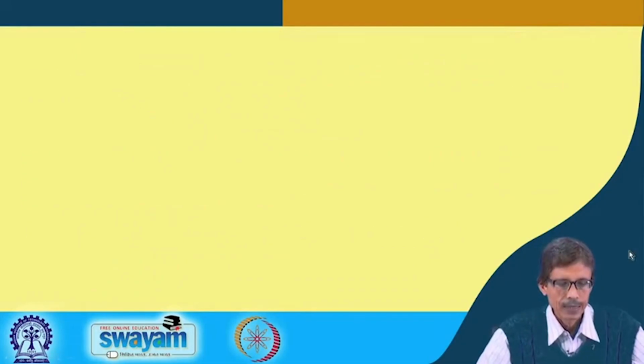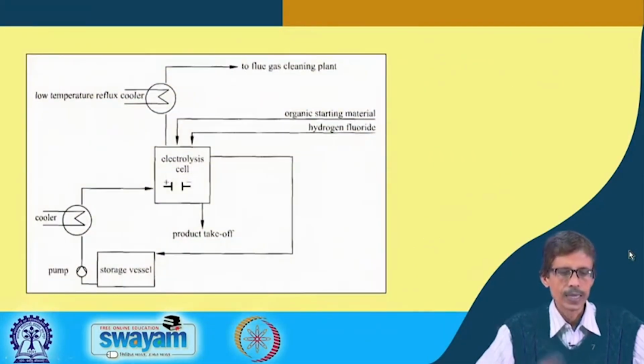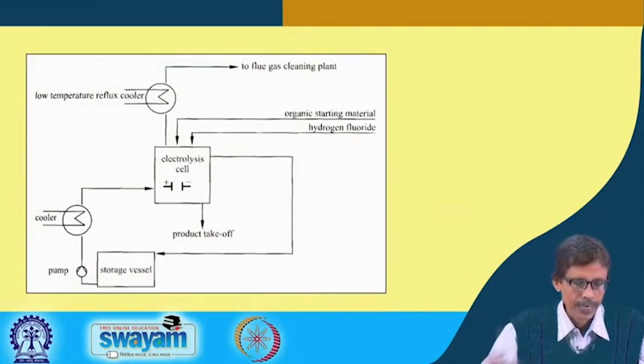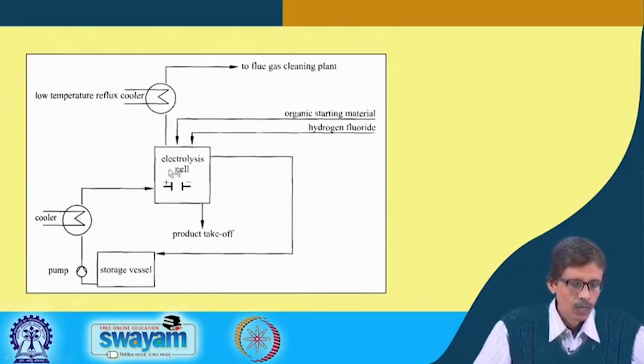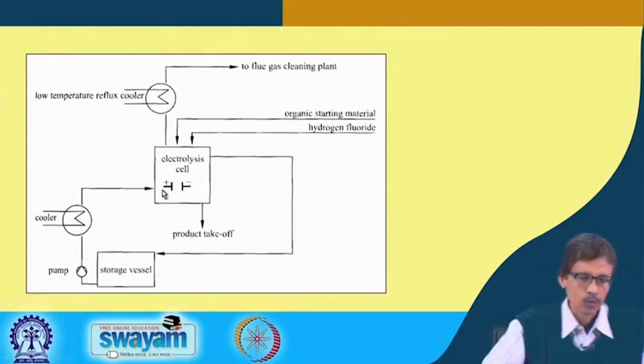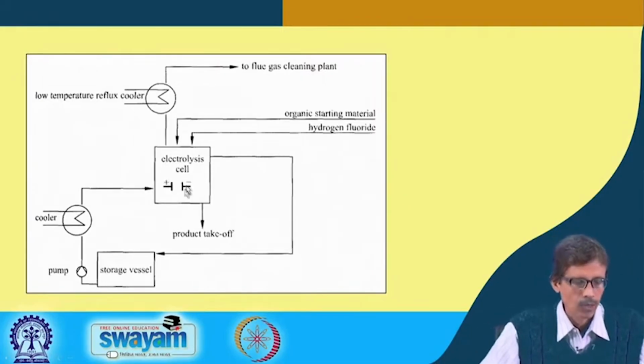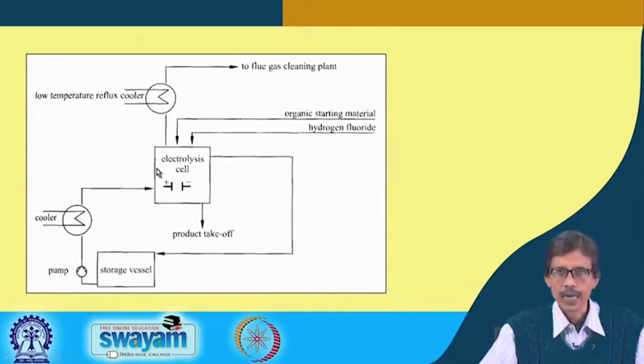So, we get that fluorinated compound very easily, and basically you can have the electrolysis cell in your hand. So, you have the electrolysis cell and you can have the anode and the cathode, and some arrangement is there, that means the electrolysis cell is thermostated.